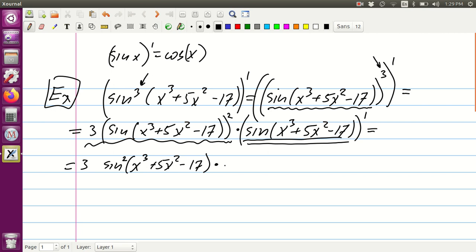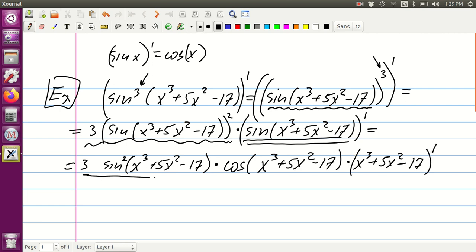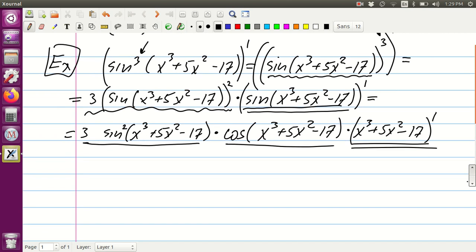The derivative of sine is cosine, so we have cosine of x cubed plus 5x squared minus 17 multiplied by the derivative of the inside function, which is the derivative of x cubed plus 5x squared minus 17. No prime, so we just need to find the derivative of this function.